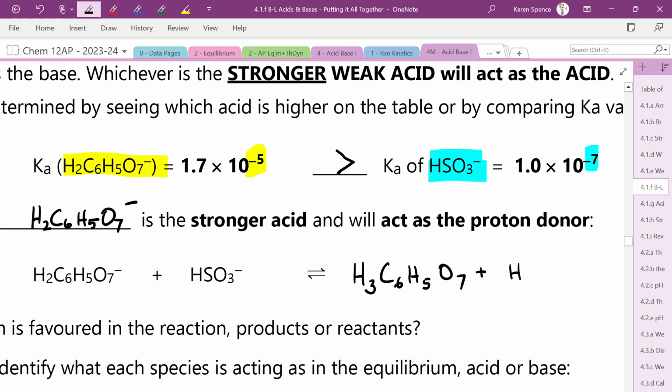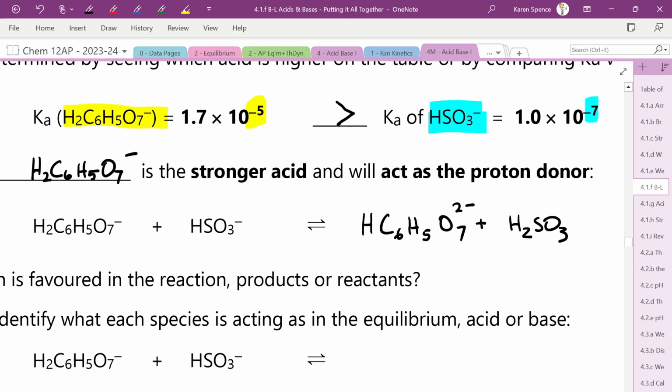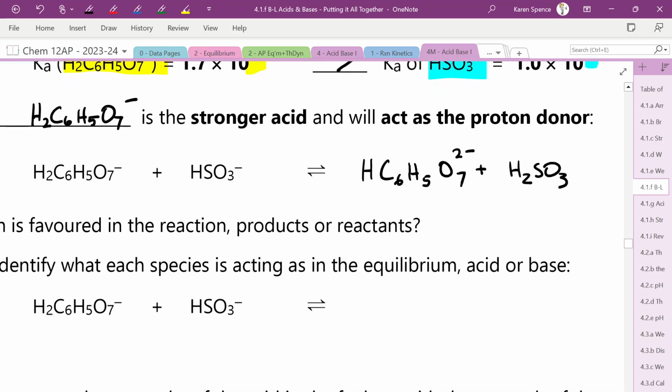What did I just do? Okay, I'm going to rewrite it down here. I'm not quite sure why I'm doing this, but that's okay.